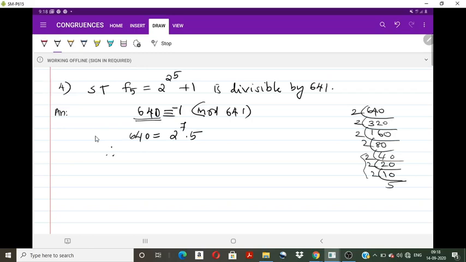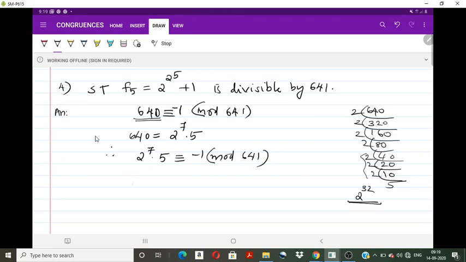So we have the result that 2 raised to 7 into 5 is congruent to minus 1 modulo 641. Let this be equation number 1. But we have to make the power up to 2 raised to 32, and we have only 2 raised to 7.